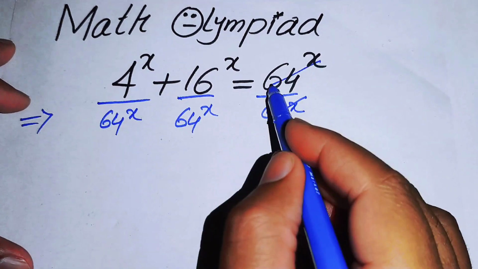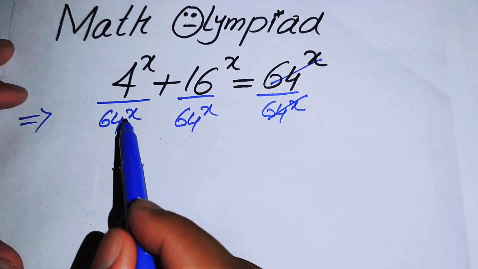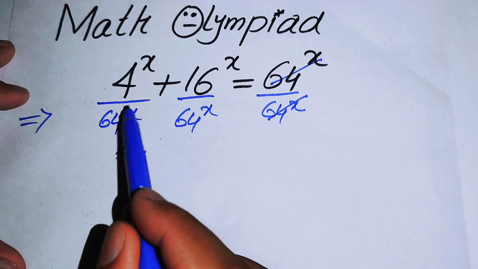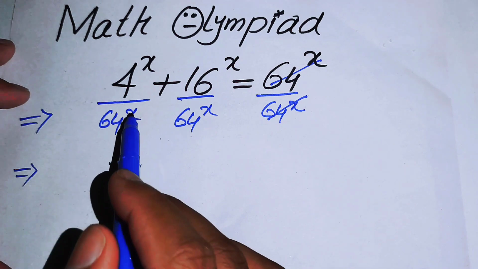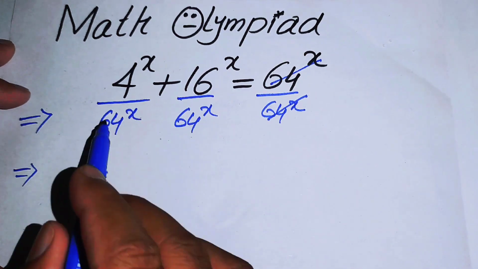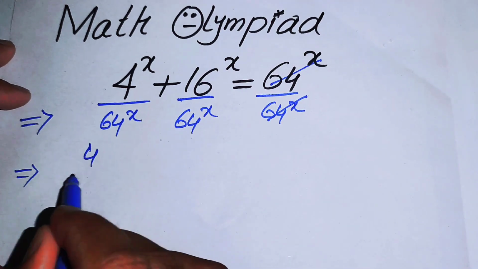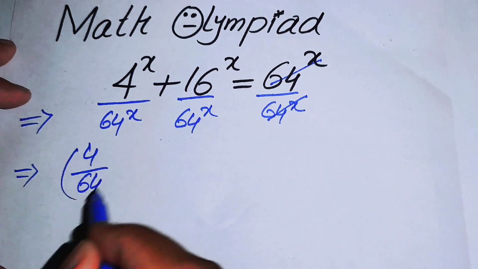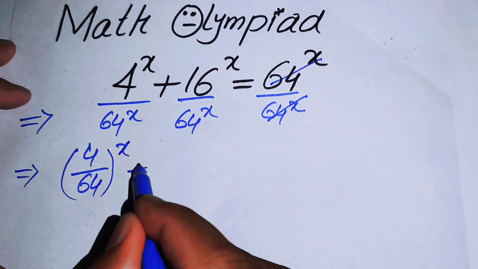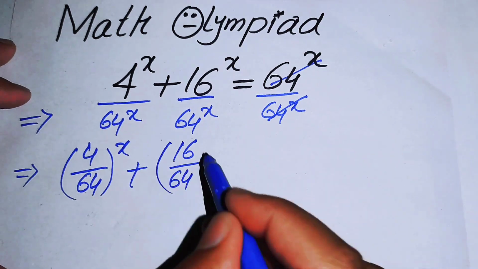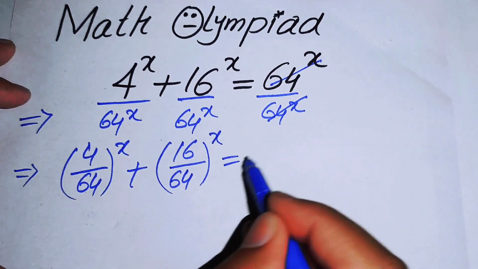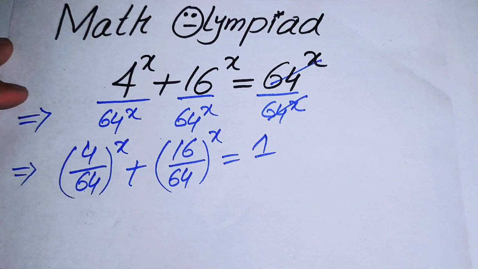So these terms are gone, and here the bases are different and the exponents are the same, so we can combine the terms and write it as (4 over 64) to the power of x plus (16 over 64) to the power of x is equal to 1.